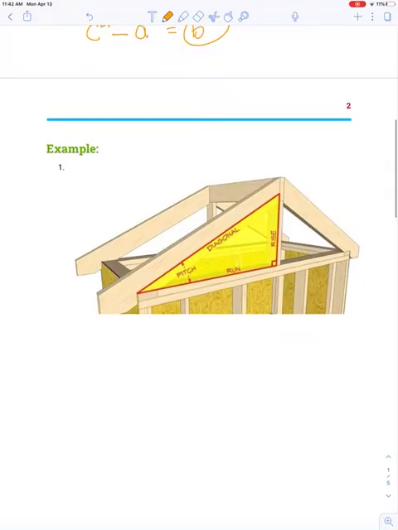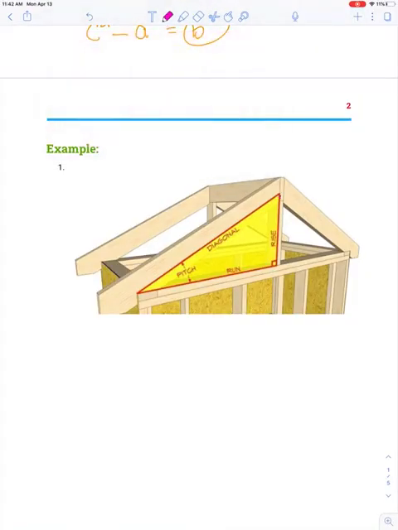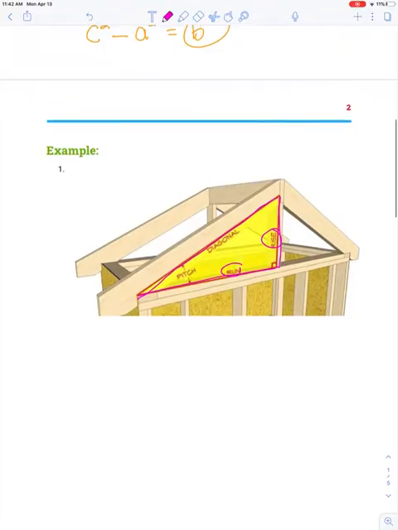So, here's an example of the pitch of a roof. Okay, so you see our right triangle, hopefully, which is right here. They have it drawn out for you already in this diagram. And they even have it labeled rise and run, just like we learned to find slope. So let's say that we know the run of our roof is 36 inches, 3 feet.